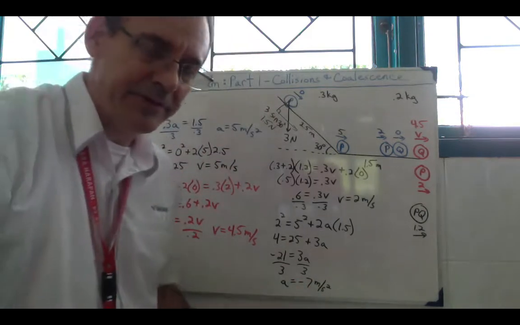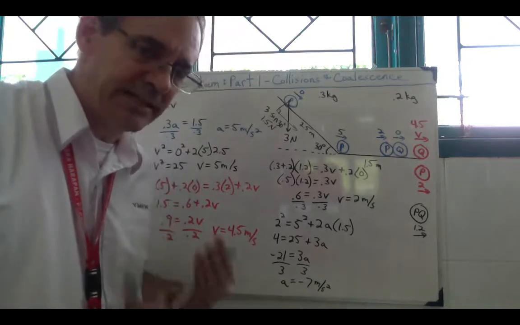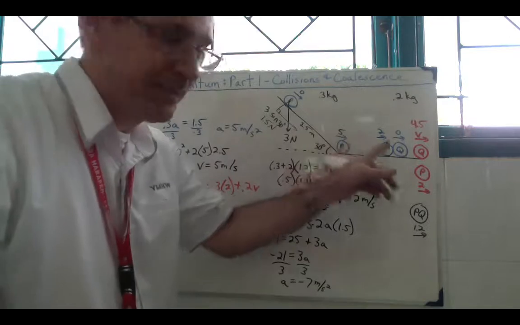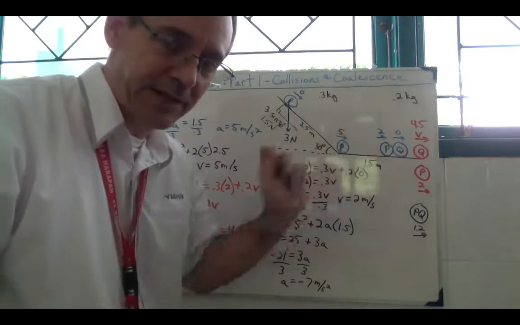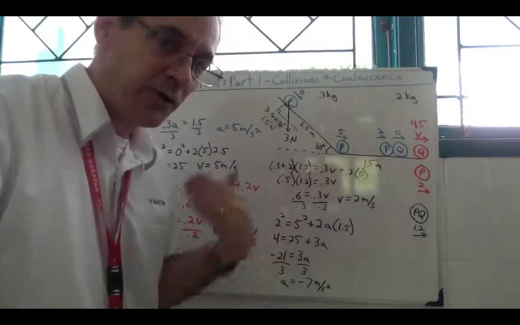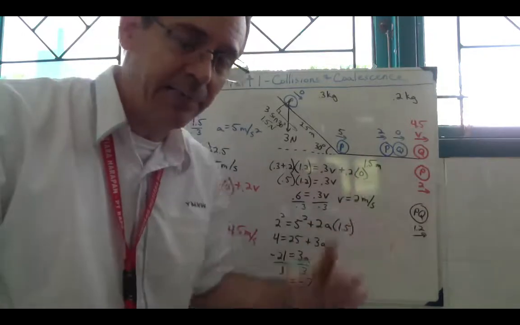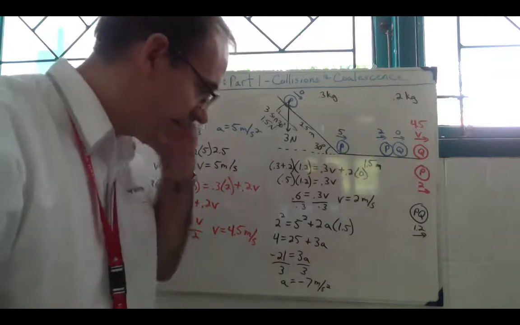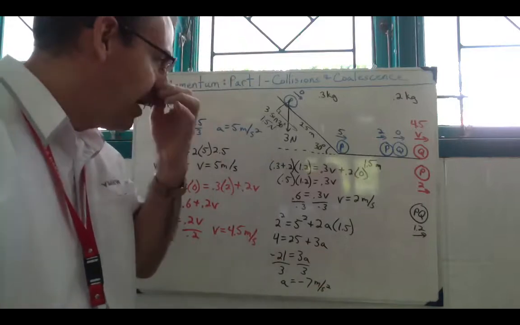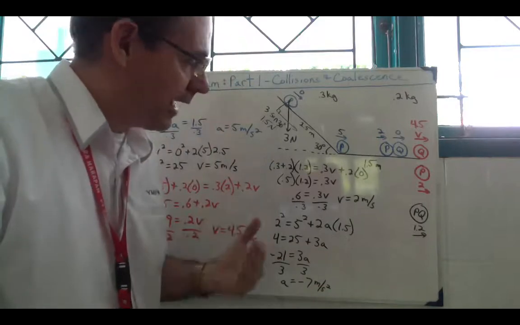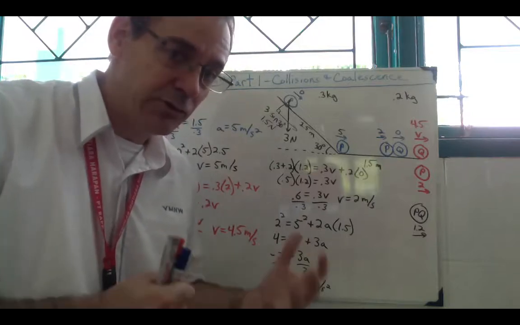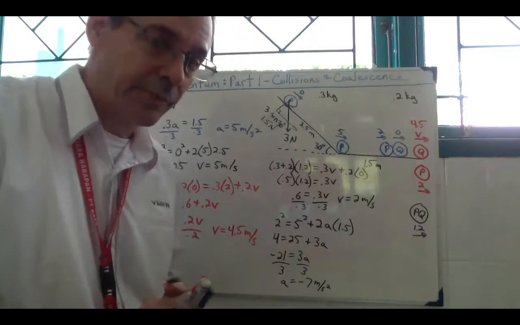Now, the negative on the acceleration simply means it's decelerating. So it's slowing down, which makes sense. It went from 5 meters per second to 2 meters per second. So acceleration would mean speeding up. Deceleration, designated by the negative, means slowing down. Now we can use our net force and Newton's second law formula.